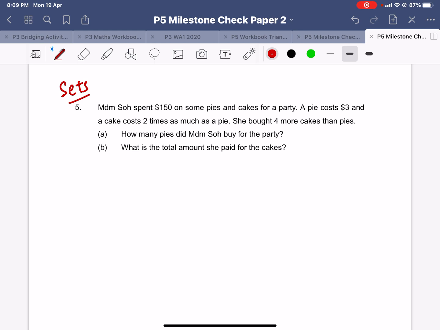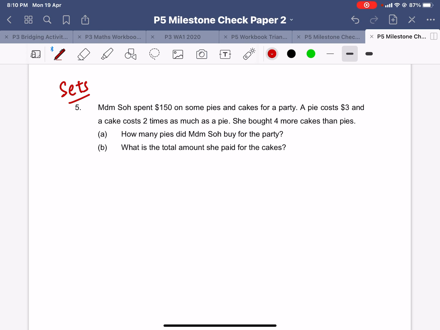I know in my answer key that I sent to your parents, I used the guess and check method. In this video, I'm going to instead use the set method, which will be very useful for your WA1.